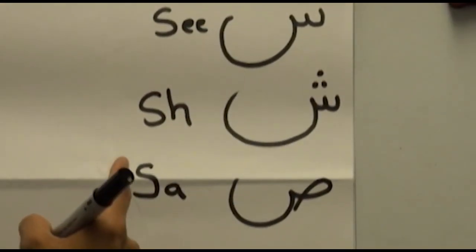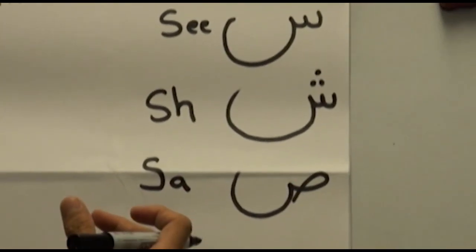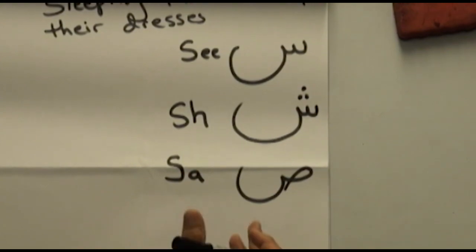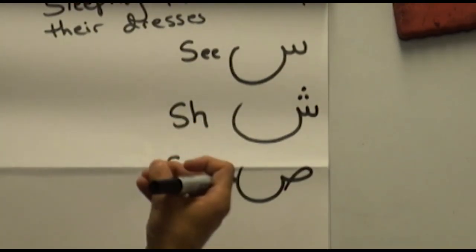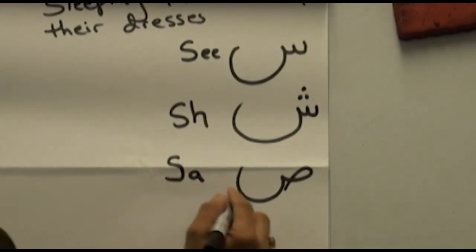Seen has a hissing sound. Sod doesn't have a hissing sound. Like when you say see, see, see, you can hear the hiss. But when you say the guy is sad, sod, sad, there's not that much hissing sound in it.